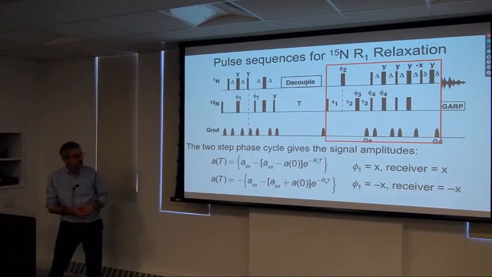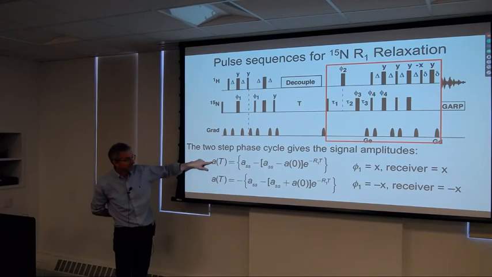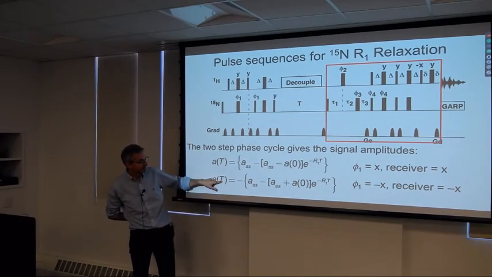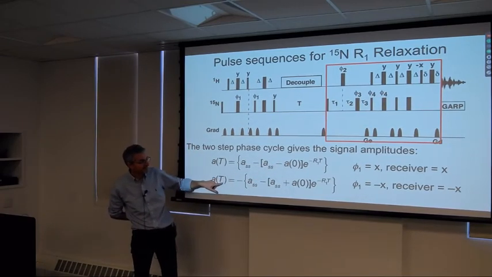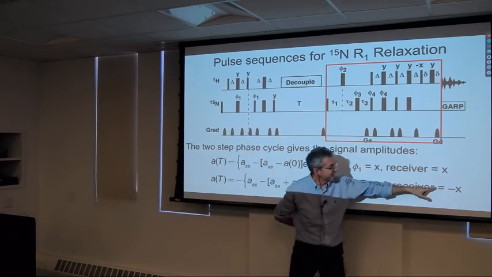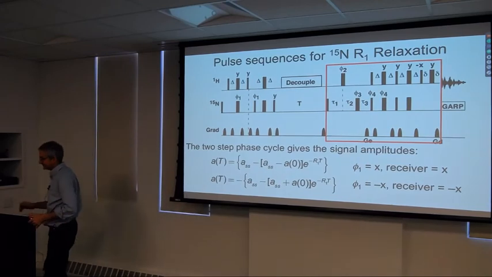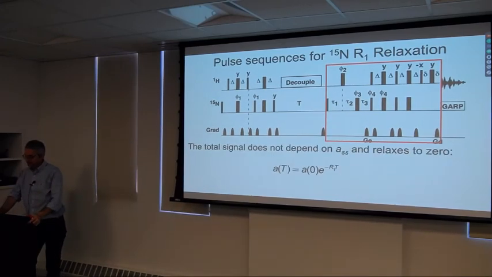So we have one signal when we put the initial magnetization on the plus axis, another one when we put the initial magnetization on the minus axis, and then we're going to use the receiver phase cycle to subtract those two experiments so that we get this simple decay.